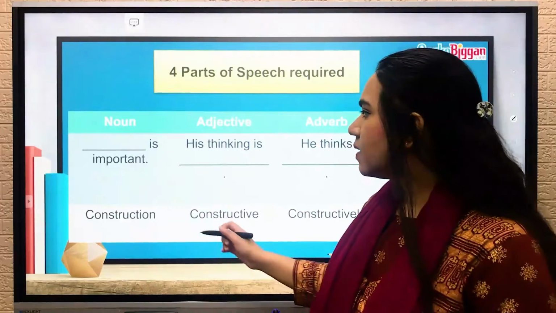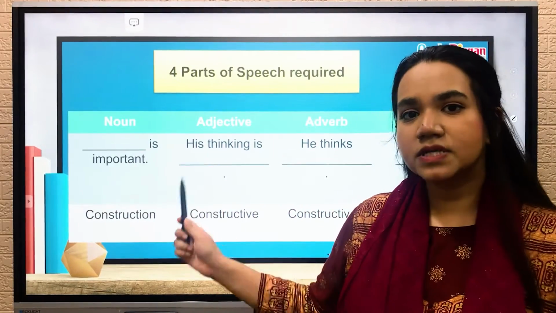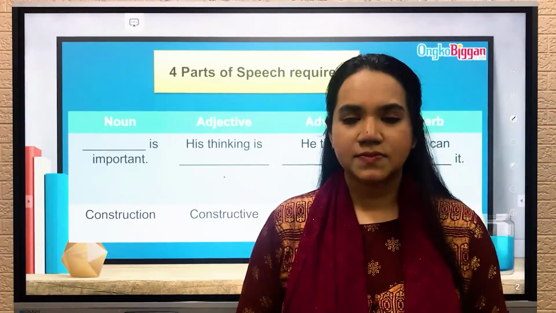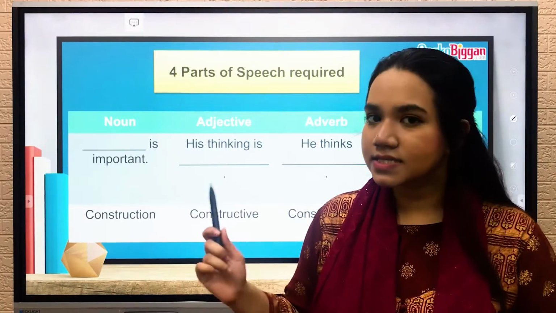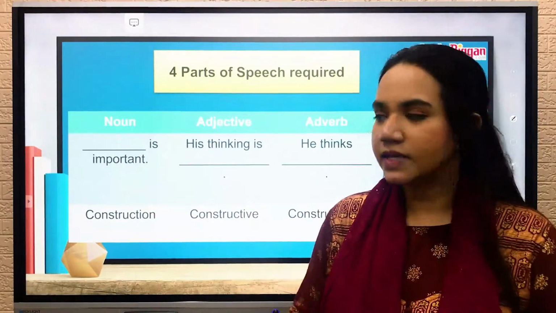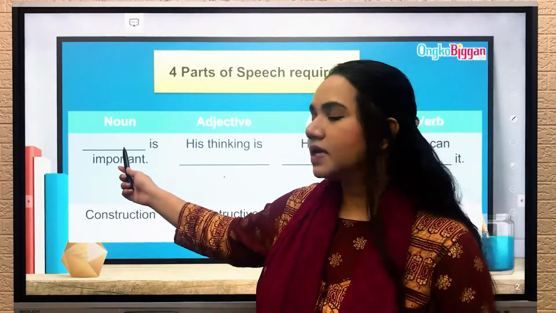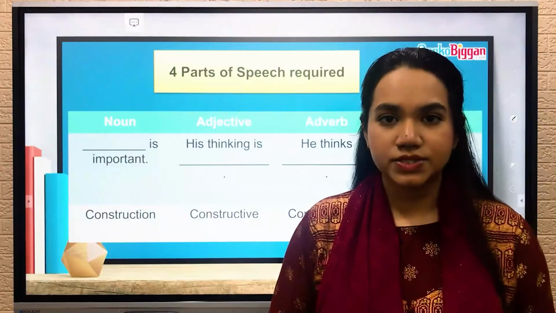Now you see, whenever this gap is in the beginning, it means that this gap requires a subject. If I have to put a subject in this place, we know for a fact that it needs a noun. So the word construct, if you convert it into a noun, will be construction. So the sentence is as follows: construction is important, right?